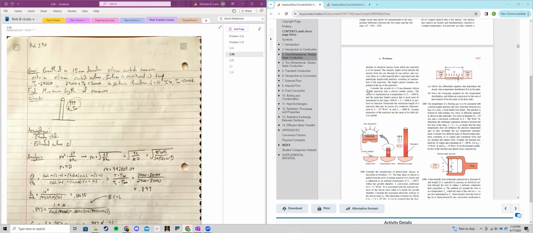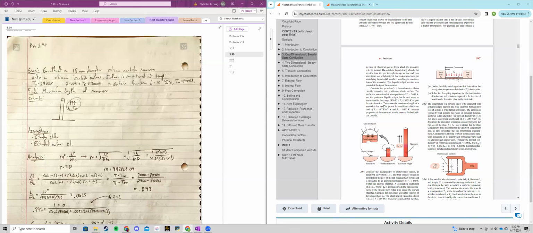So jumping into our variables, values, properties, and the questions, it says, consider growth of a 15 nanometer diameter silicon carbide nanowire onto a silicon carbide surface. The surface is maintained at a temperature of Ts equals 2400 Kelvin, and the particular liquid catalyst that is used must be maintained in the range of 2400 K to 3000 K, sorry, to perform its function.